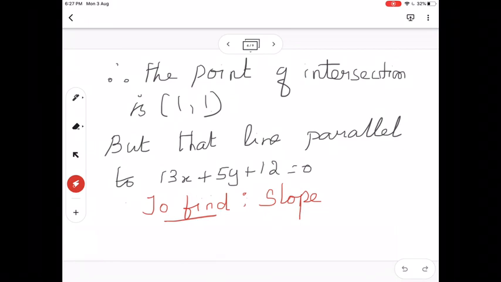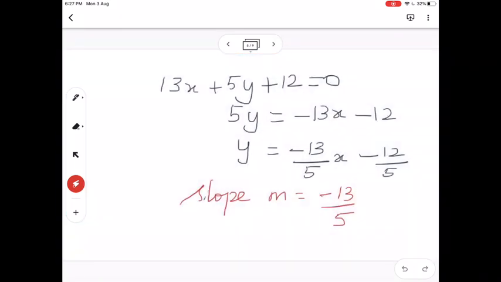Minus coefficient of x by coefficient of y. So, make it 5y, keep this side, rest of the terms taking to the other side: 5y is equal to minus 13x minus 12. Divide by 5: y is equal to minus 13 by 5 into x minus 12 by 5. Because this line is the parallel line, slope m is equal to minus 13 by 5.